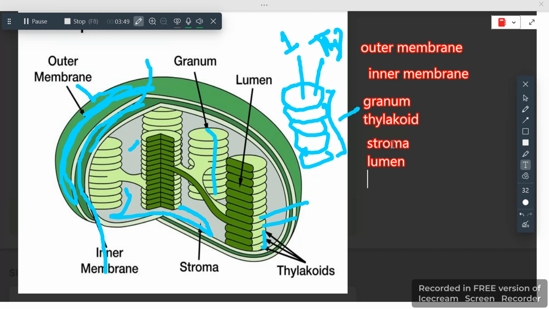Then we have something not mentioned in the picture, but I'll explain it to you, that is intergrana, or we can call it a flat membrane. Let me remove this and then you can look.